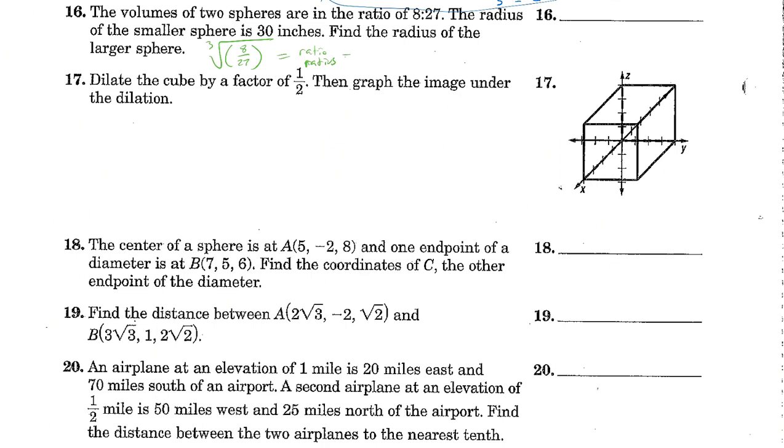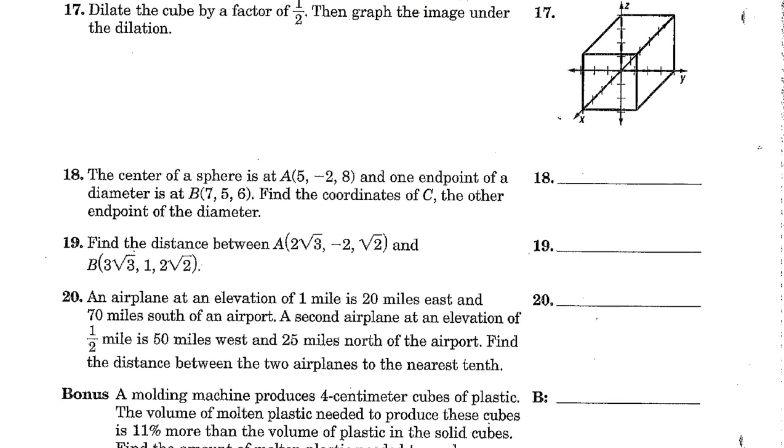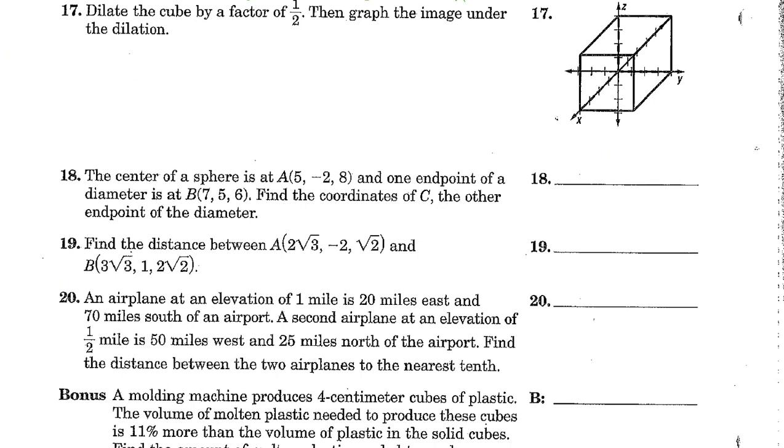So the ratio of their radii is 2 to 3, the cube root of 8 over 27. The radius of the smaller is 30, so 2/3 equals 30 over the big radius. Cross multiplying, we get 2r is 90, so the big radius is 45. So that's 45 inches.